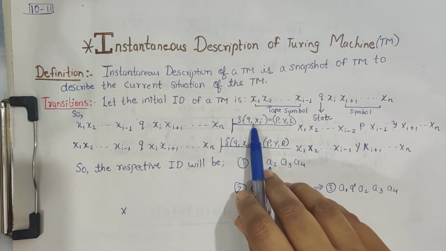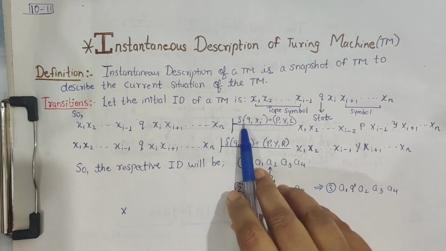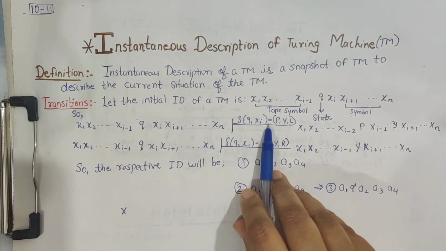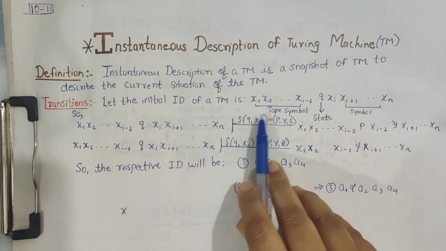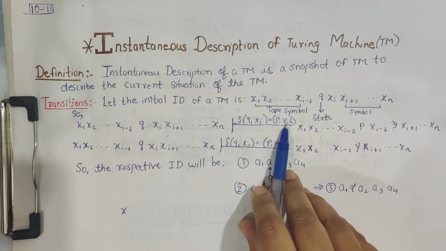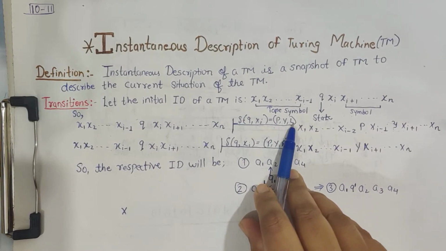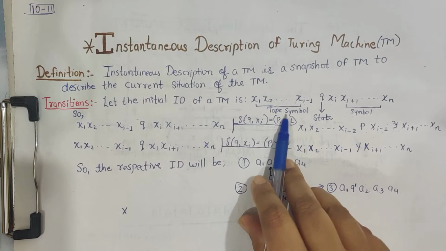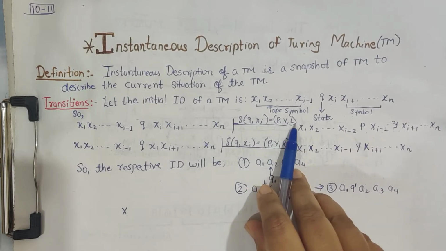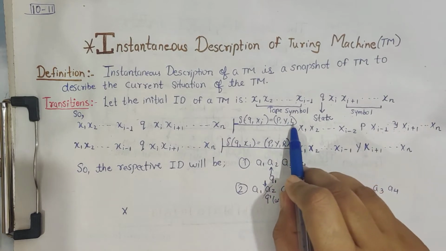Let us assume the transition delta has been defined in this way: delta of q comma xi is p comma y comma L. It goes from state q to state p, and the new replacement tape symbol is y, and we are moving towards the left. So p is the next state, y is the symbol which is going to be overwritten, and L means the read write head will move one tape symbol towards the left.